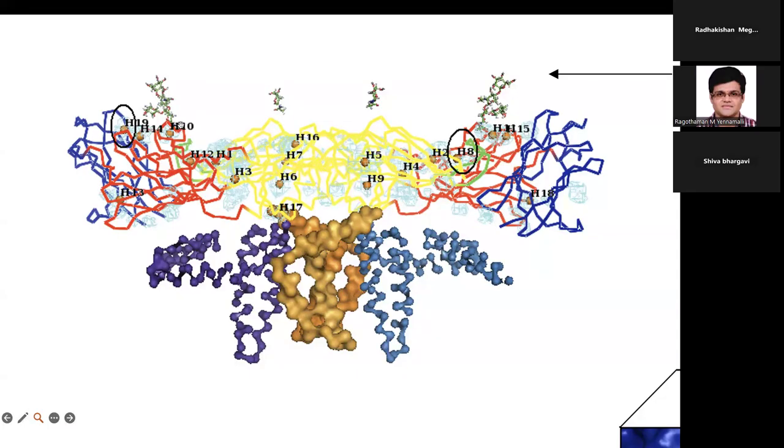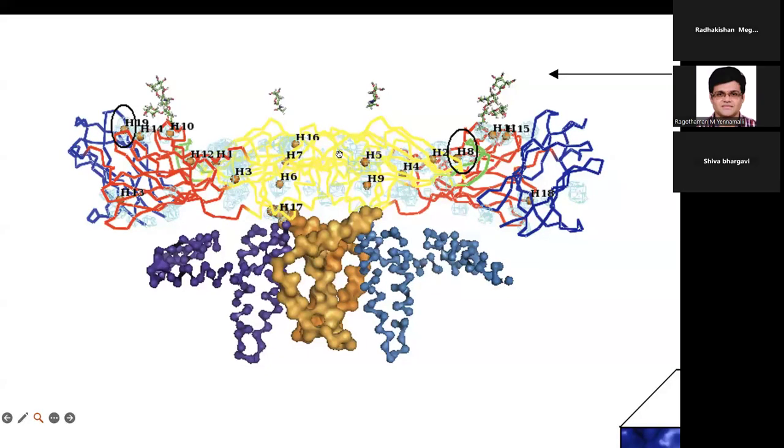Since it's a dimer, the same position of the carbohydrate technically can be bound with the residue on this side, but you do not have those residues glycosylated. So, you can see other labels H3, H6, H9, H5, all these mesh-like characters with small meshes in them are all different types of cavities that we are predicting.